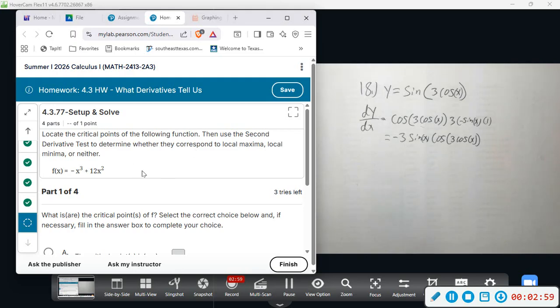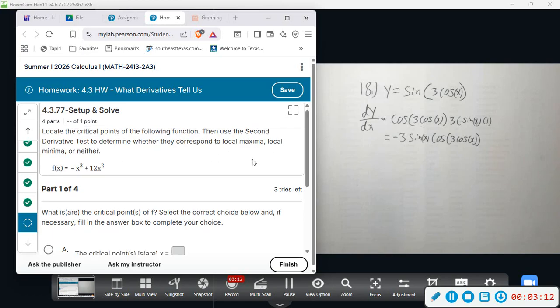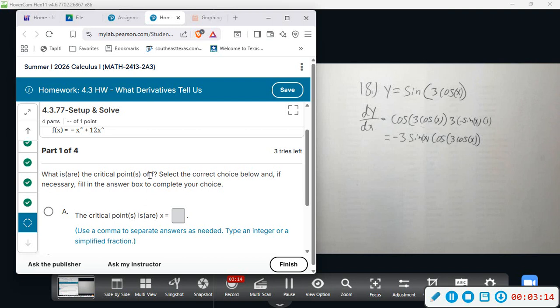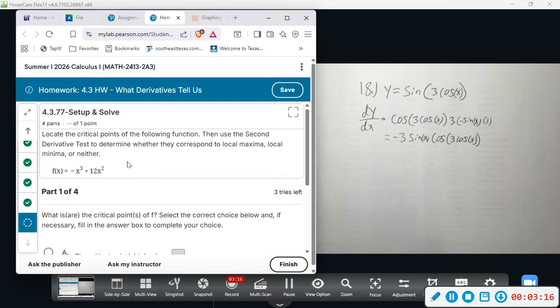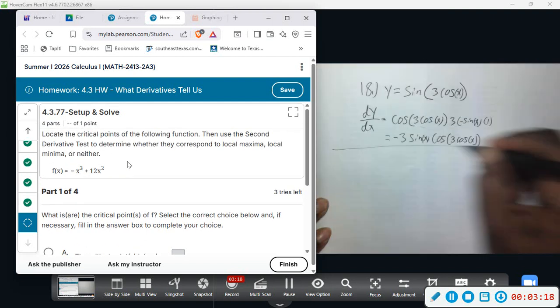All right, then question number 19. It wants us to locate the critical points of the following function. Use a second derivative test to determine if they correspond to local max or min or neither. So 4 parts. First, we want to know what are the critical points. Find the first derivative.